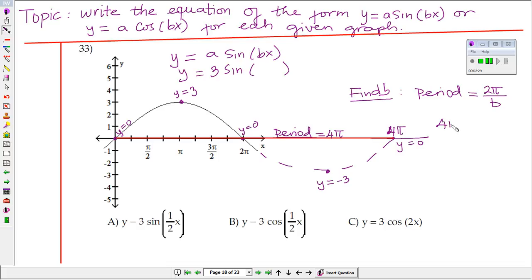We substitute the period: 4 pi equals 2 pi divided by b. Solving for b, b equals 2 pi divided by 4 pi, which reduces to 2 over 4, or 1/2. So our equation will be y equals 3 times sine of 1/2 x. If you go to your answer choices, that will be answer A.